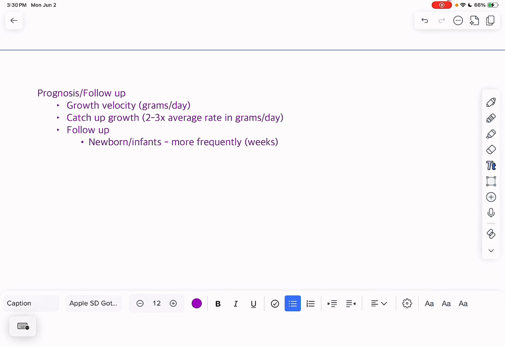Therefore, we want to see them have adequate nutrition in this period where growth is most increased, essentially. And then as far as adolescents or school-age children, we'll see those on a month-to-month basis. Obviously each child is individualized in a way, but that's a general guideline. We see infants and newborns much more frequently than school-age children.